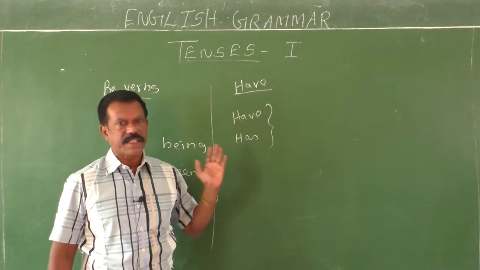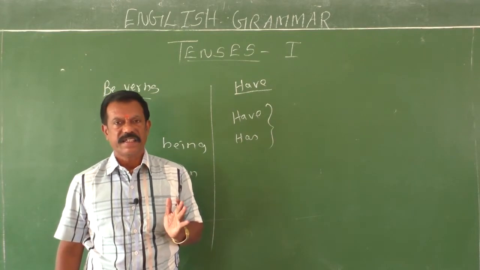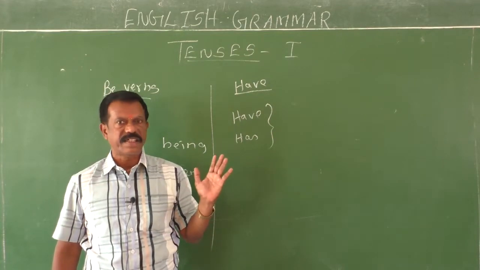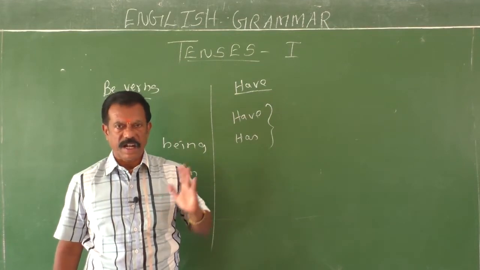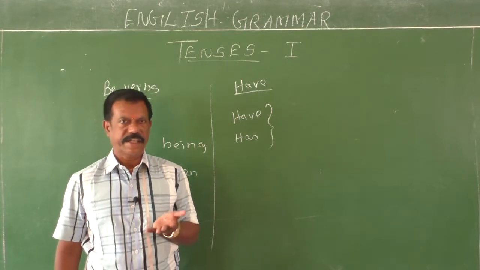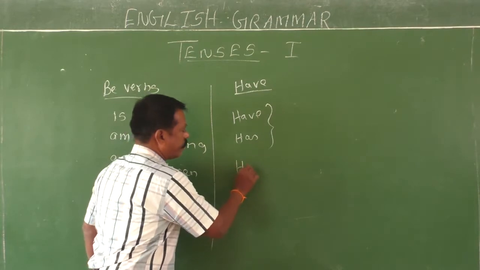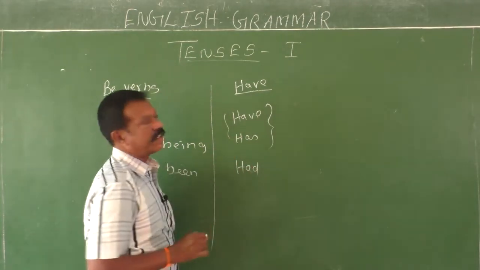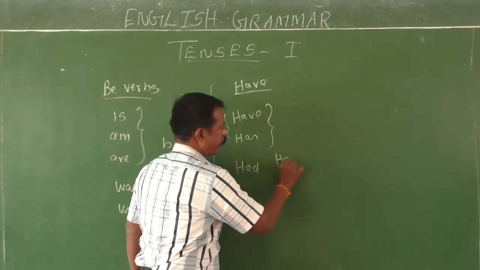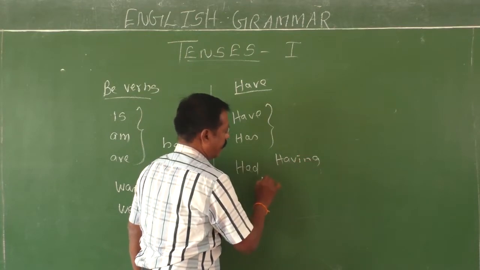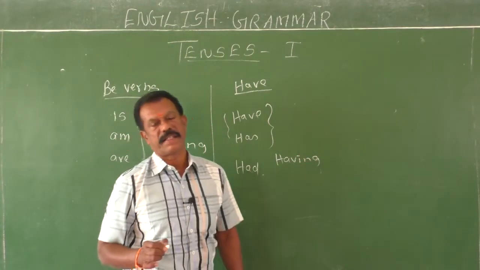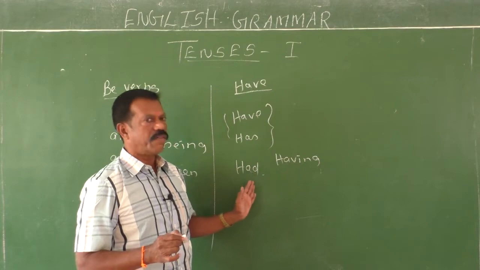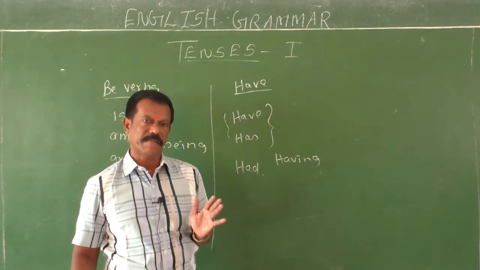So when they are used as a main verb in a sentence, they state the tense form of the verbs. They are also called the possessive verbs. And then had is the past form of have and has. Having is the present participle and had is the past participle. Had is the common form for past tense as well as the past participle.